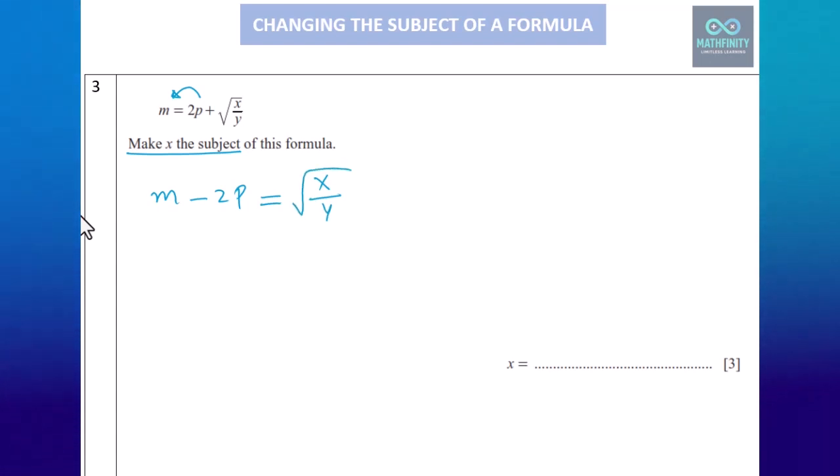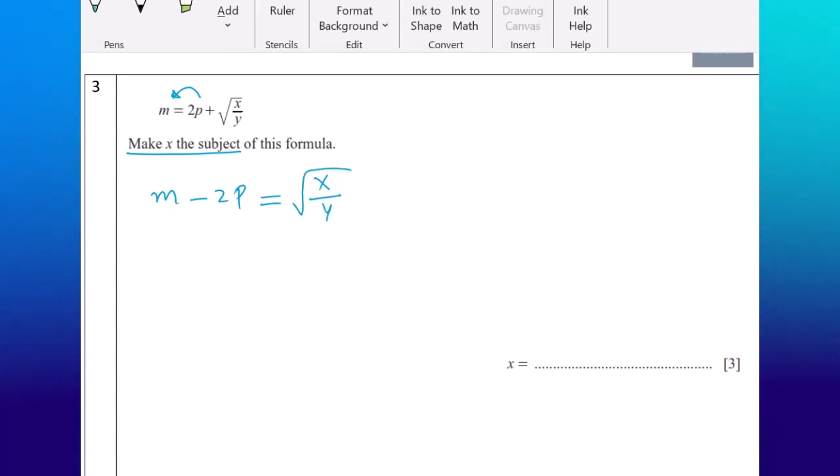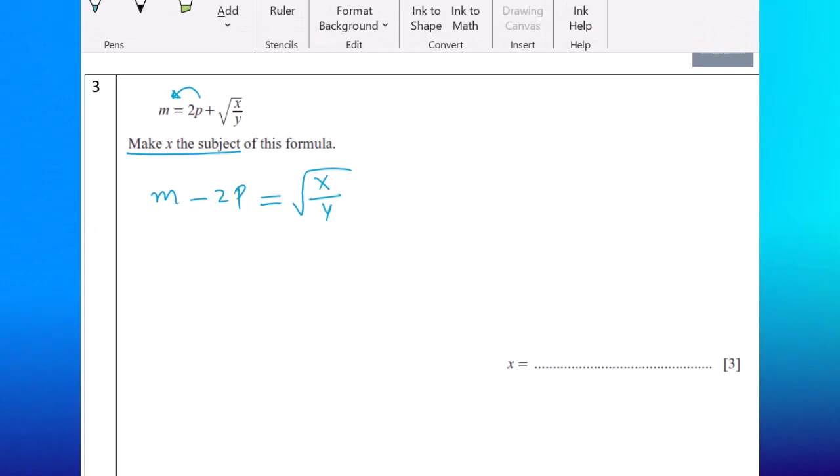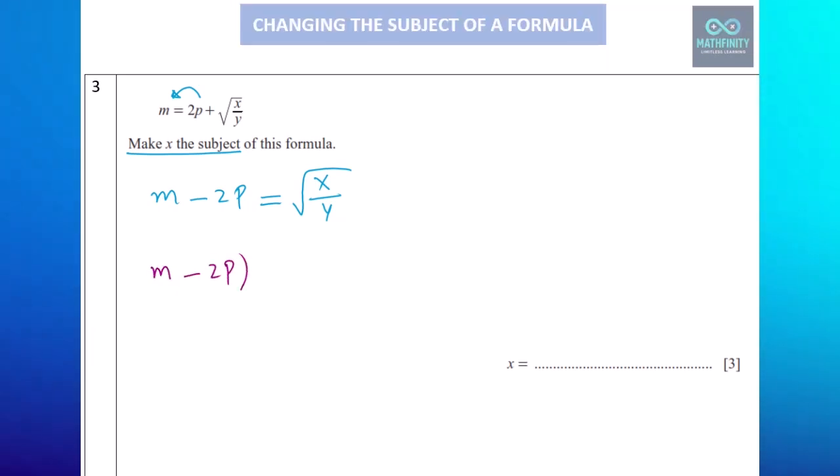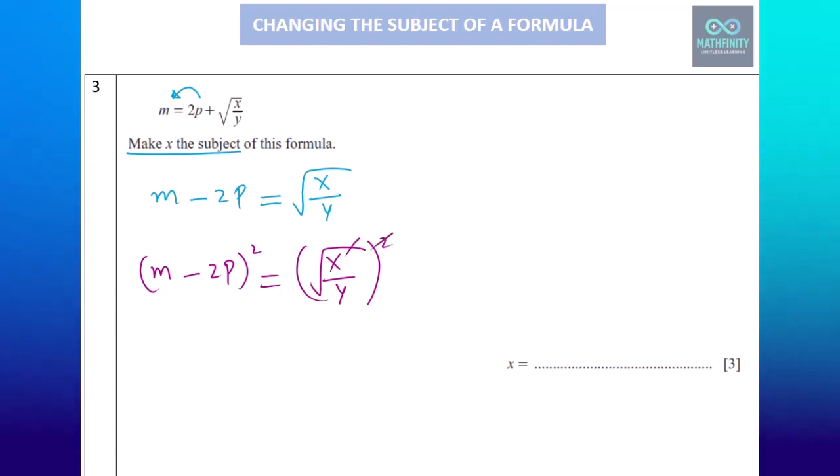To remove the square root, we will take the square on both sides. On this side also we will take the square, and this side also we will take the square, so that we can cancel out this square and square root.